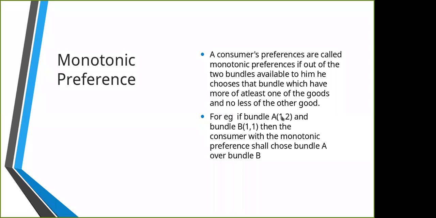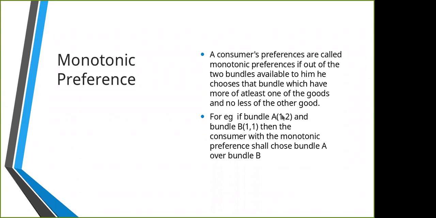Both the commodities, commodity X and commodity Y, are available in both the bundles. Now if you are an individual, which bundle will you prefer, bundle A or bundle B? Bundle A. Why? Very good. Why bundle A?